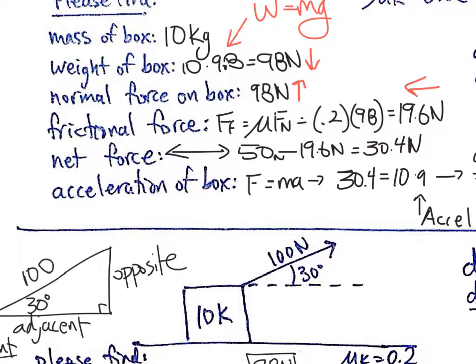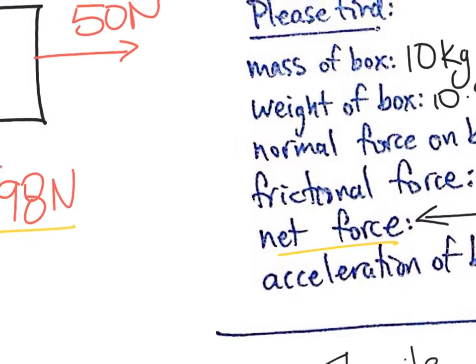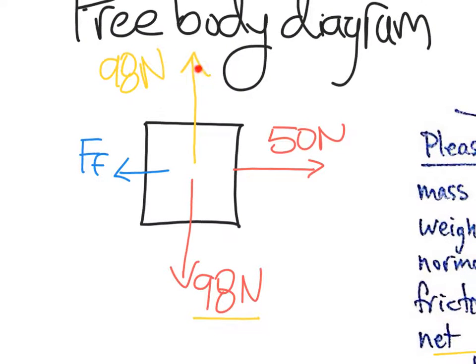Now, net force. So again, difference between net force, and people get confused because they see that N. This is normal force, perpendicular to surface, but net force is the result of all the forces acting on the object. So in the up and down direction, these cancel out. We don't have to worry about that. But in the horizontal direction, it's going to be 50 newtons minus whatever the frictional force is.